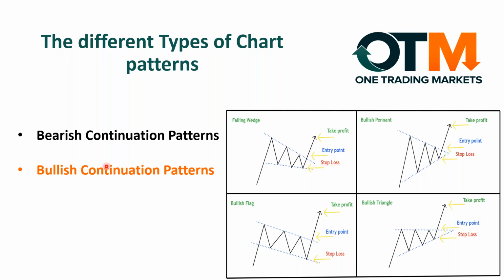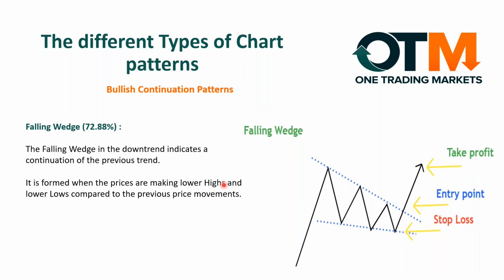Now let's talk about the bullish continuation patterns. So we talked about the rising wedge. Now we're talking about the falling wedge in an uptrend. Remember this, in an uptrend. So the falling wedge in a downtrend indicates a continuation pattern. Notice here.